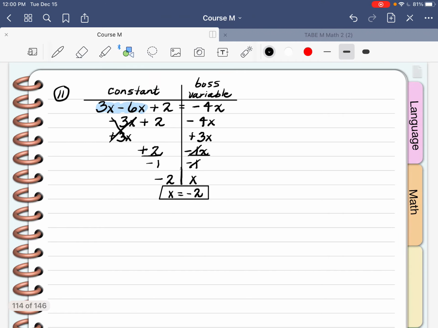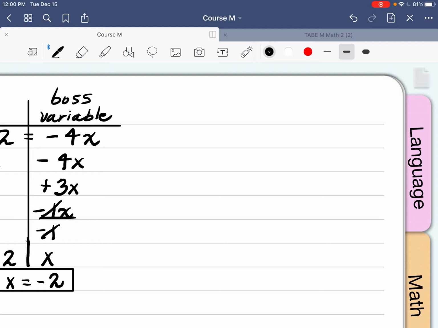Okay, number 12, I think I can fit in right here. On number 12, we have 6 minus x, and you can go ahead and put your ghost 1 there, plus 12 equals 10x plus 7.